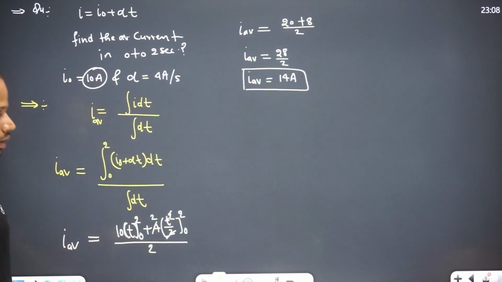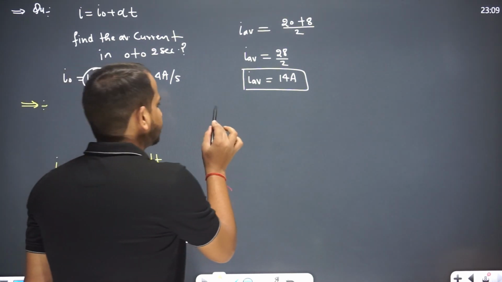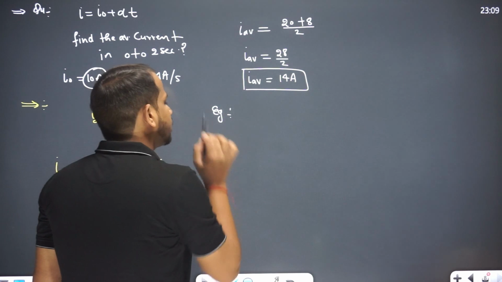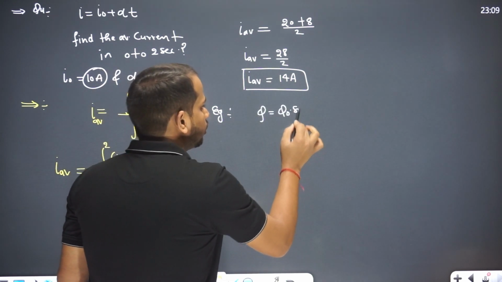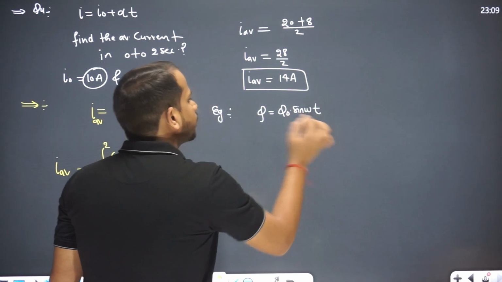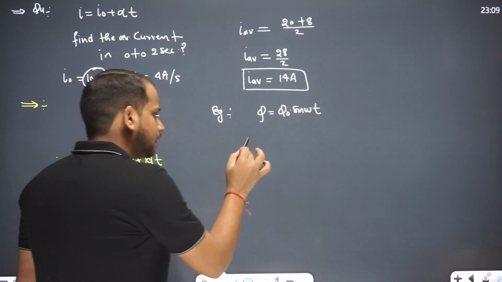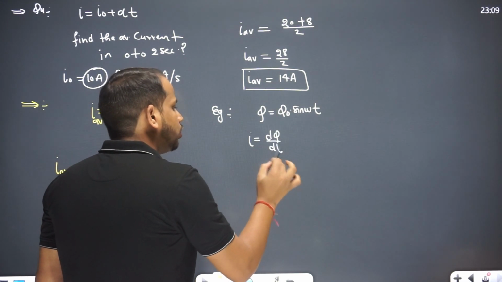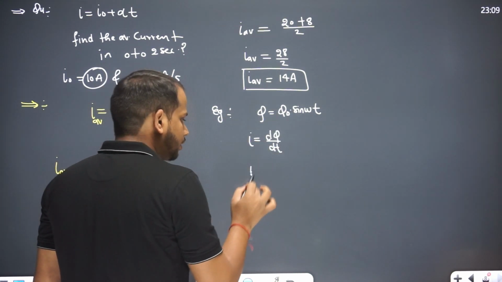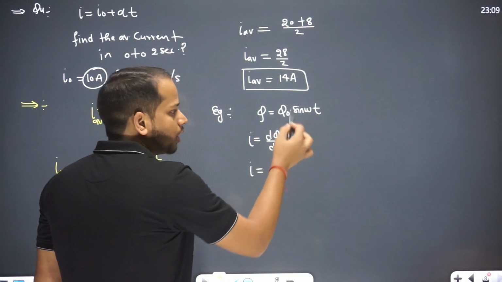They can ask you like this. If I am saying, let's see, I am just giving you, the Q is given as Q naught sine omega t. Find the I. So what is the I here? We know I is equal to dq by dt. What is dq by dt?